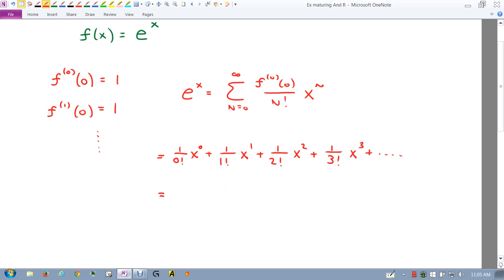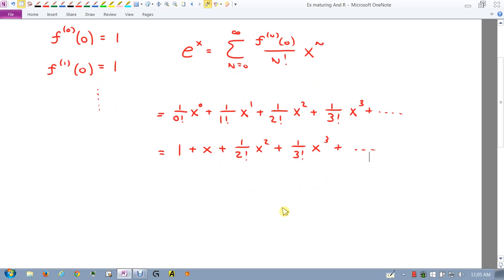Which is just what? 1 plus x plus x squared over 2 factorial plus x cubed over 3 factorial plus and so on. Yes? Understand?